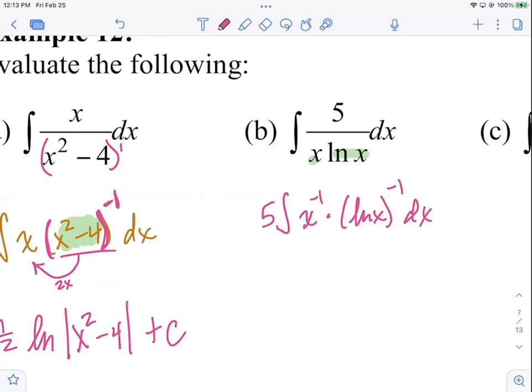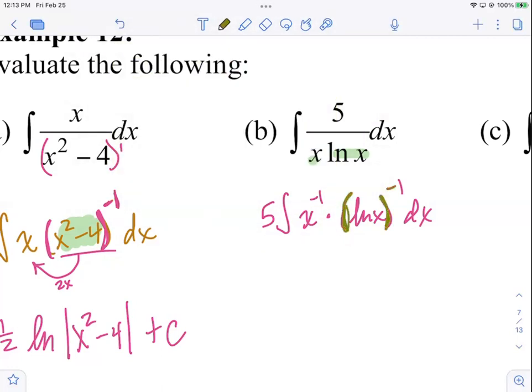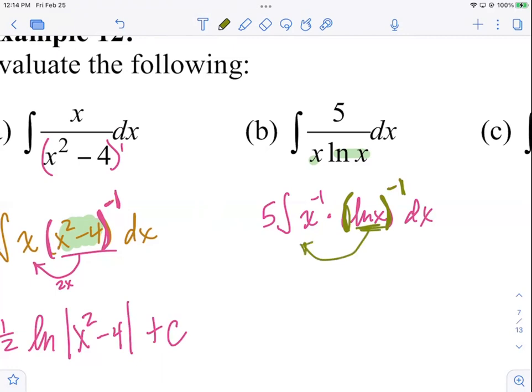Now, which one of those factors looks more complicated? The second one? Yeah, the outside functions are the same, blob to the negative first. But the second one has a more interesting inside function, thereby making it a little more complicated. So that could be the outside function. ln of x then could be the inside function. What's the derivative of ln of x? 1 over x.